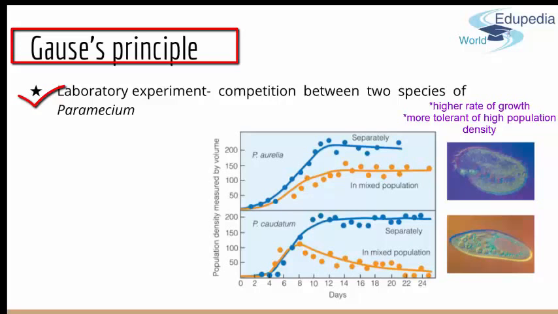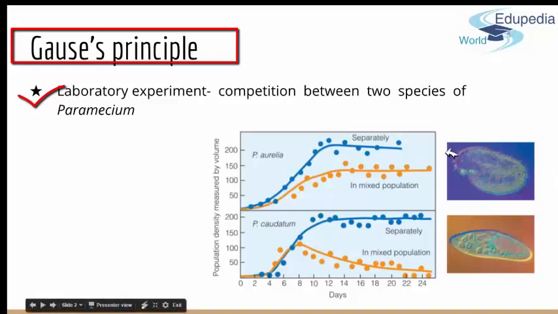So what happened is that when Gause introduced both species into one tube containing a fixed amount of bacteria food, the Paramecium caudatum died out, and this is what you can see in this graph.